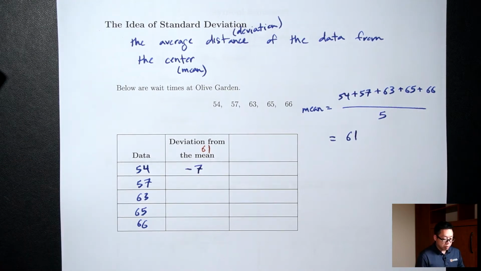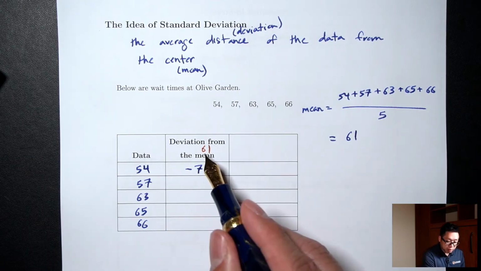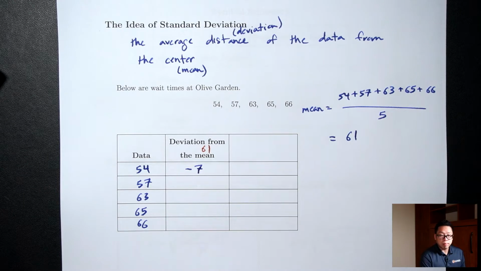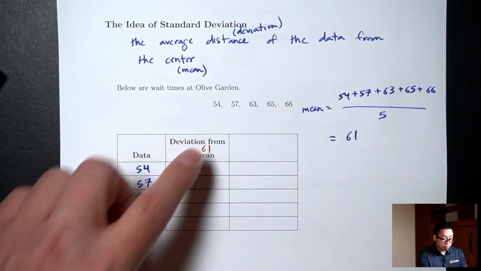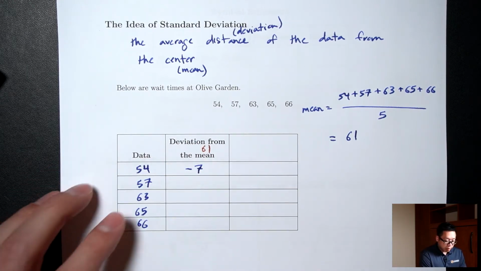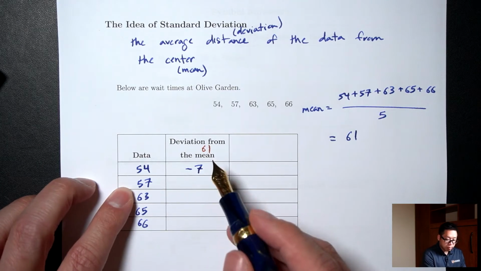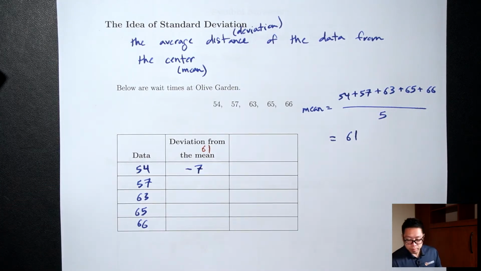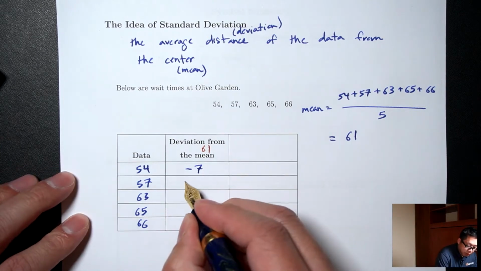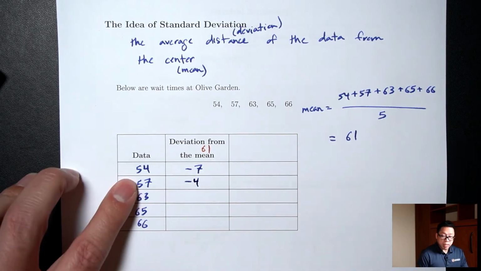And really the math we're doing here is we're subtracting. So 54 minus 61, you'll get negative 7. How far is 57 from 61? Subtract 57 minus 61. Negative 4. And all that means is that 57 is 4 below 61.